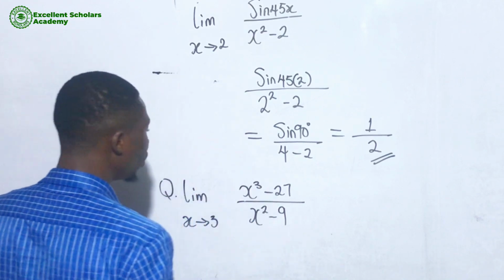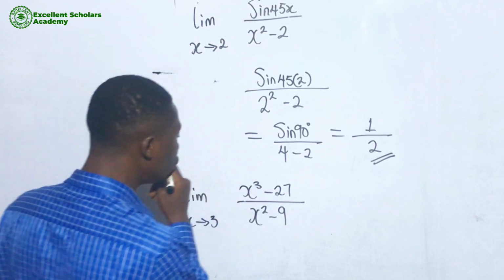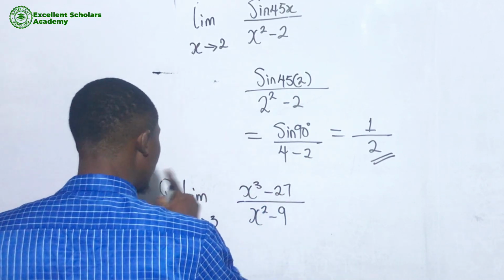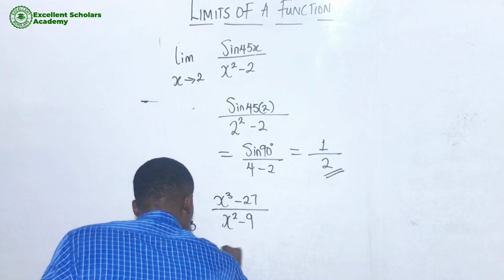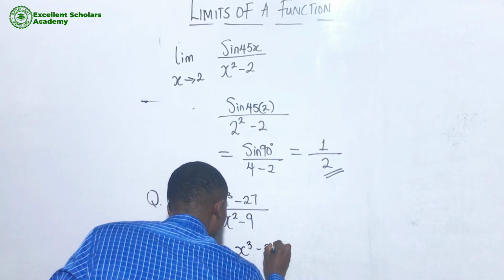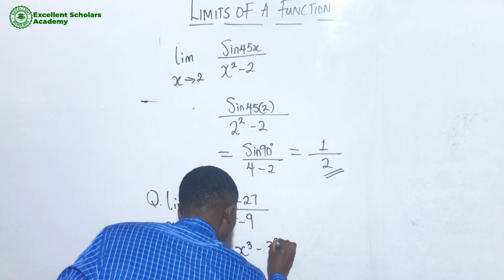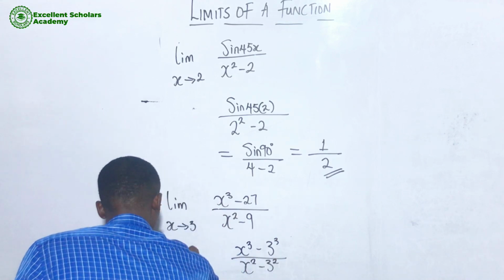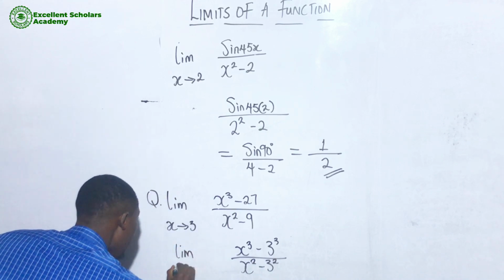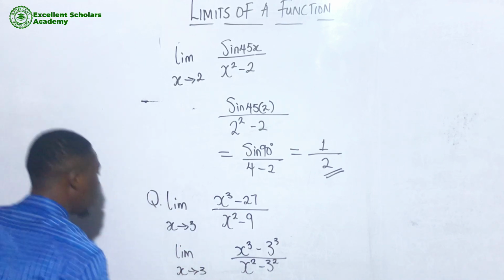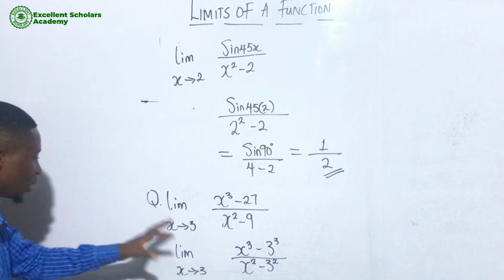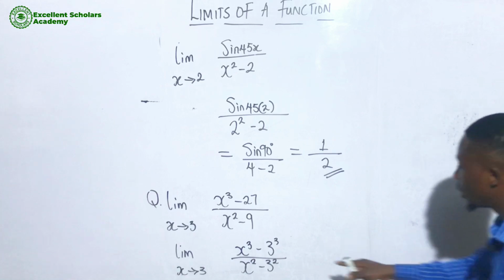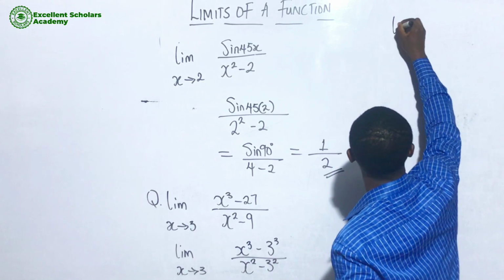This numerator is a difference of 2 cubes, such that this can be factorized into this.